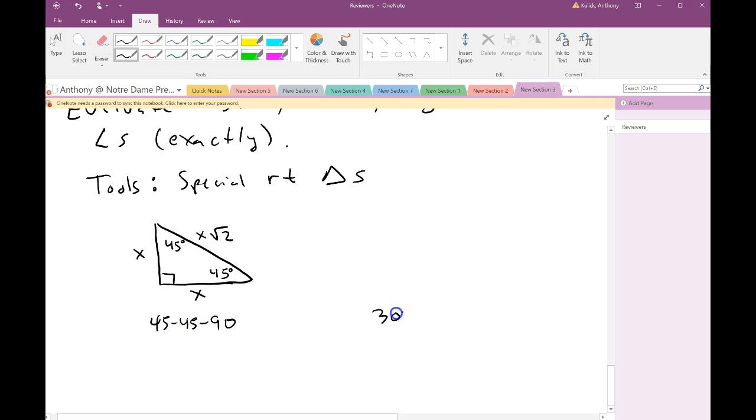And then the other one is the 30-60-90 triangle, whose side lengths are x, x square root of 3, and 2x.